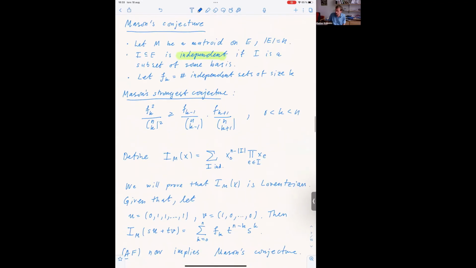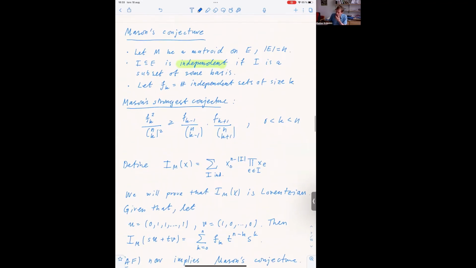So now we'll see how Mason's conjecture also follows easily from this theorem. So we have again a matroid on an n-element set. And recall that a subset of E is called independent if it is a subset of some basis.